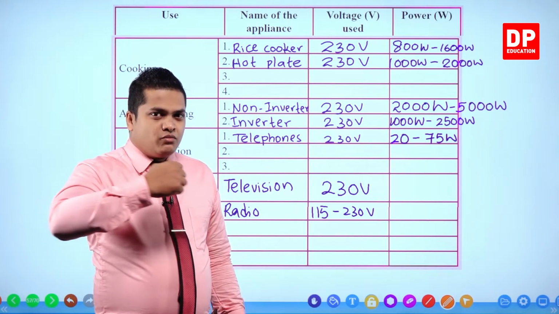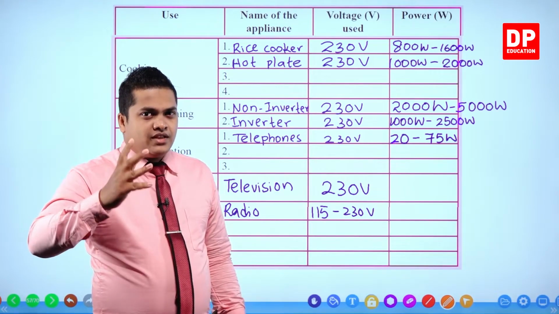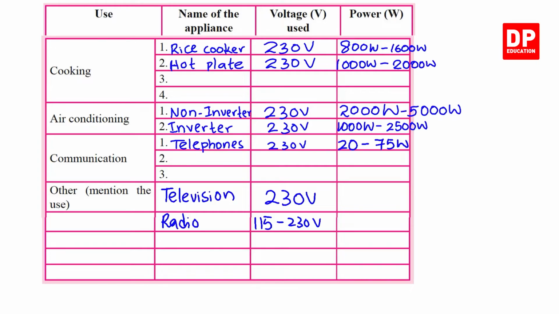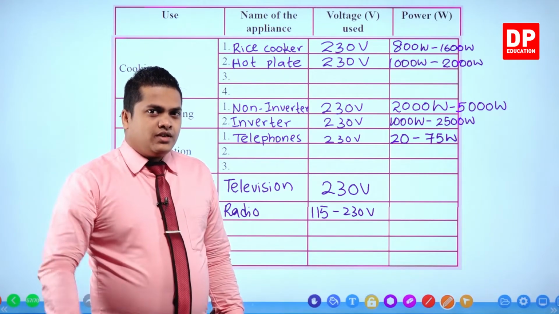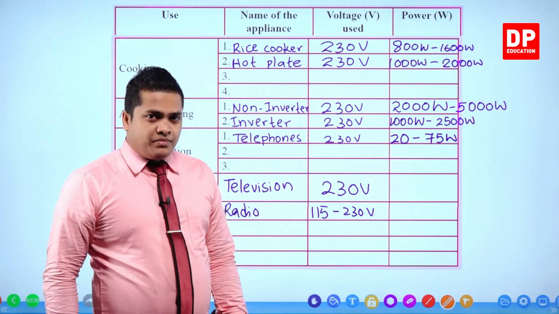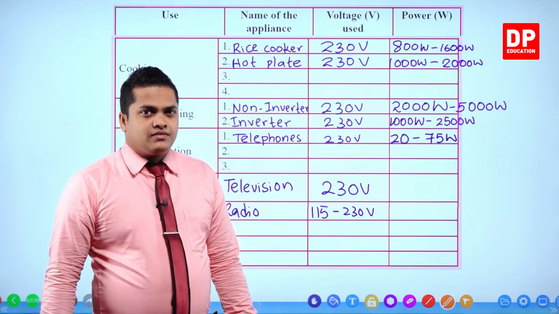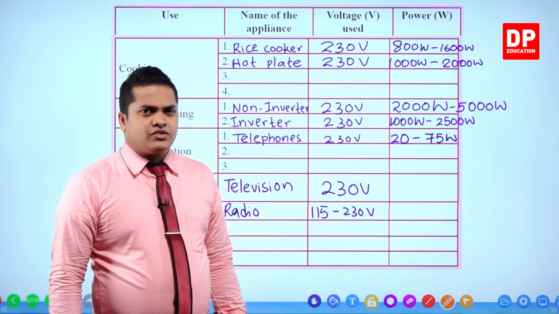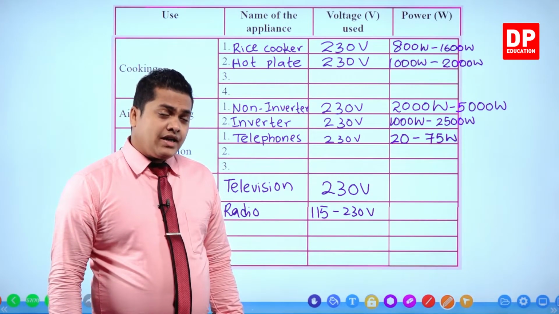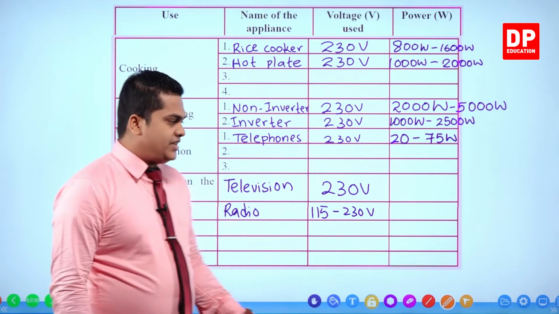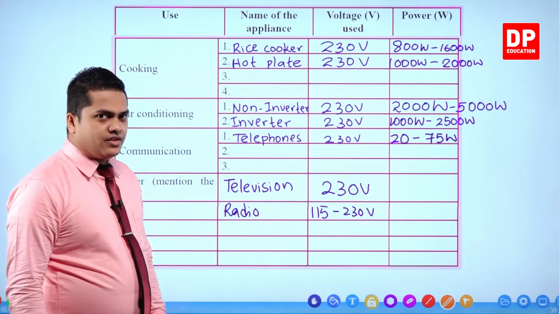If you move it to the 230 position, then the voltage is adjusted to 230 inside the radio. By screwing it downward, you can place the switch at 115 volts. So in that way, there is a possibility to change the voltage in some kinds of radios, not all, but some. So I have mentioned here 115 to 230.